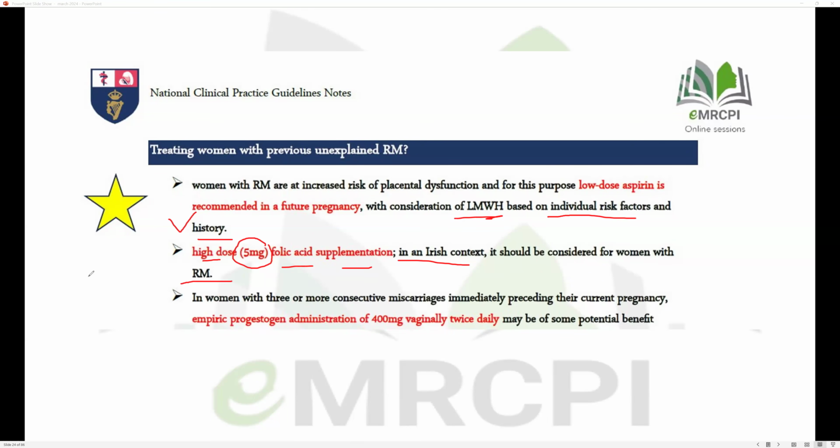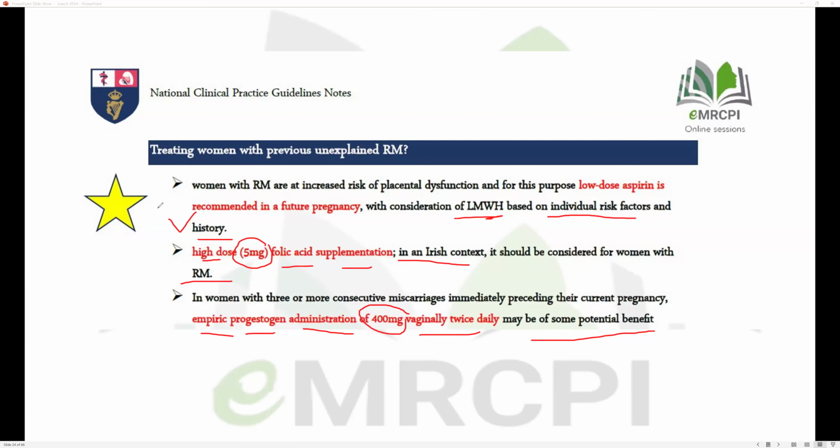In a woman with 3 or more consecutive miscarriages immediately preceding the current pregnancy, empiric progesterone administration of 400 mg vaginally twice per day may be of some potential benefit.